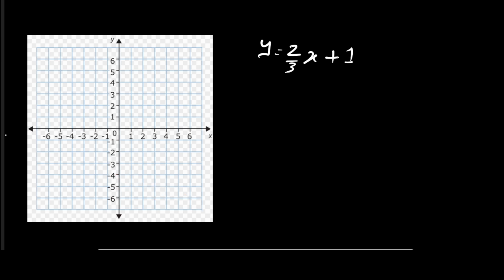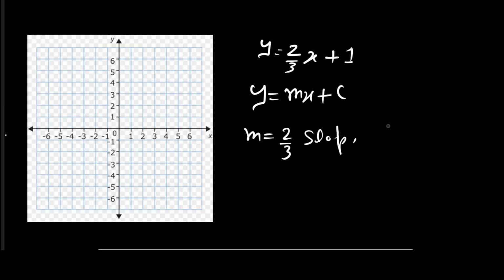So moving to the next problem, which is y equals 2/3 x plus 1. First of all, let's compare this equation with y equals mx plus c. If we compare both of these equations, it gives us m equals 2/3, which is the slope, and c equals 1, which is the y-intercept.